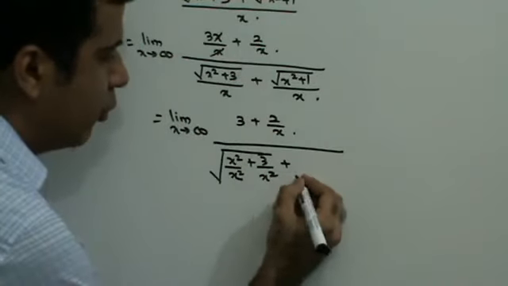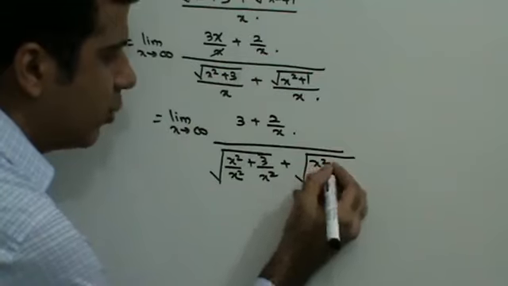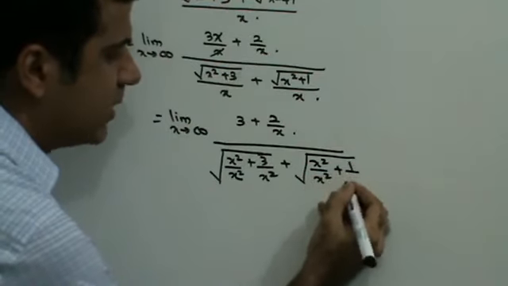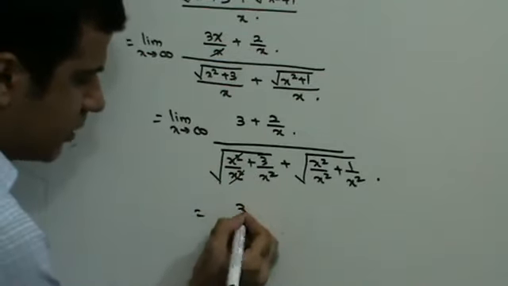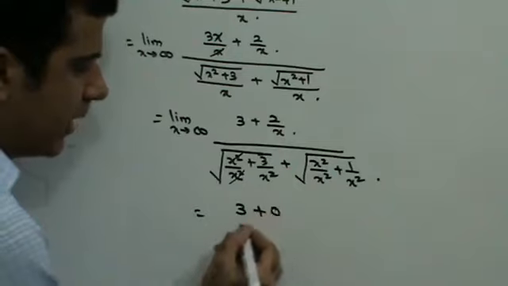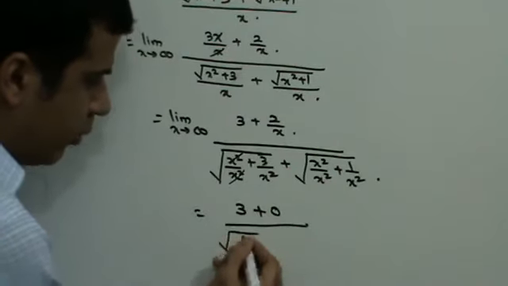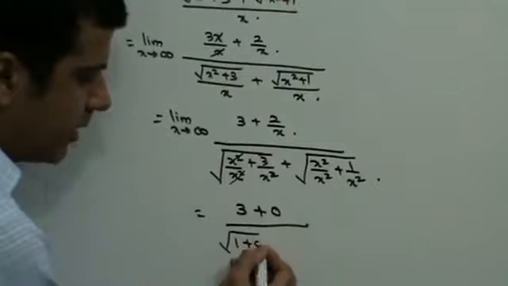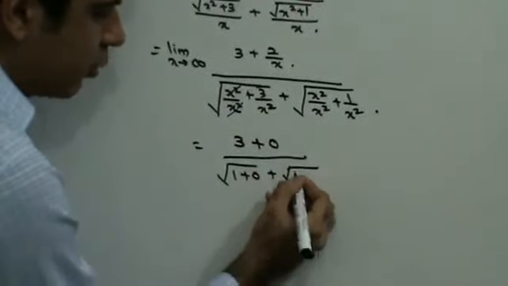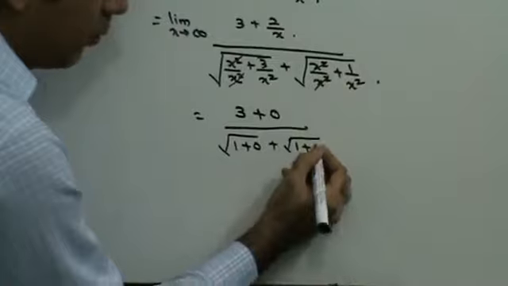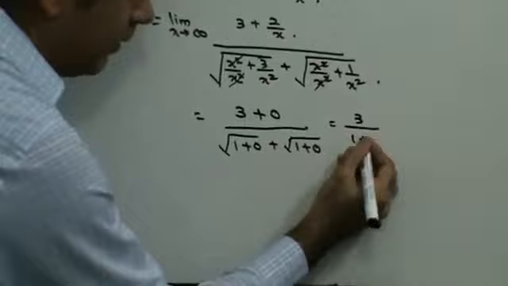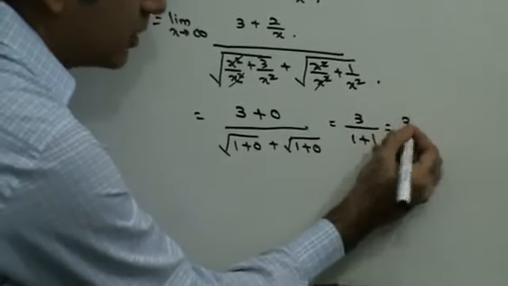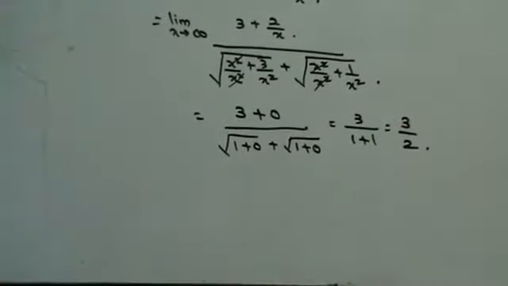The same thing I do here: x square upon x square plus 1 upon x square. This cancels. So now this is 3 plus 2 upon x, which is 0. Square root of 1 plus 3 upon x square, which is 0. Square root of 1 plus 1 upon x square, which is 0. That's 3 upon root of 1 plus root of 1, and root of 1 is 1. So this is going to be 3 upon 2. Let's move on to the next sum, guys.